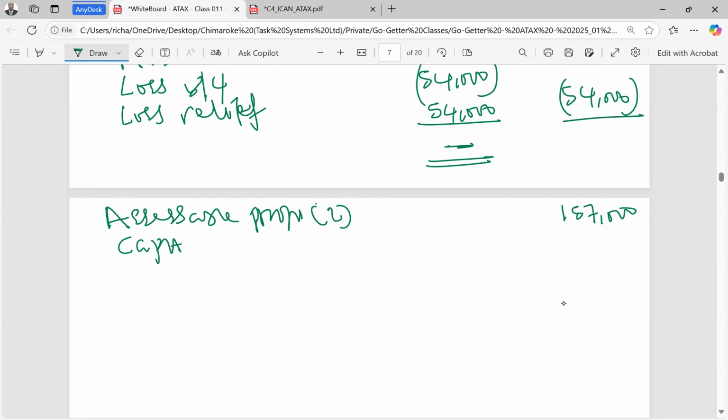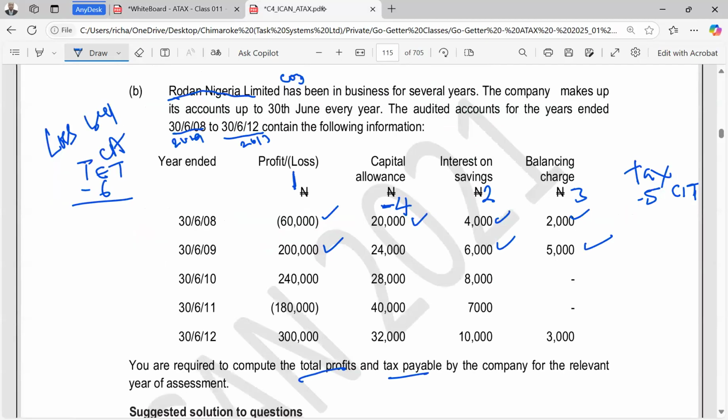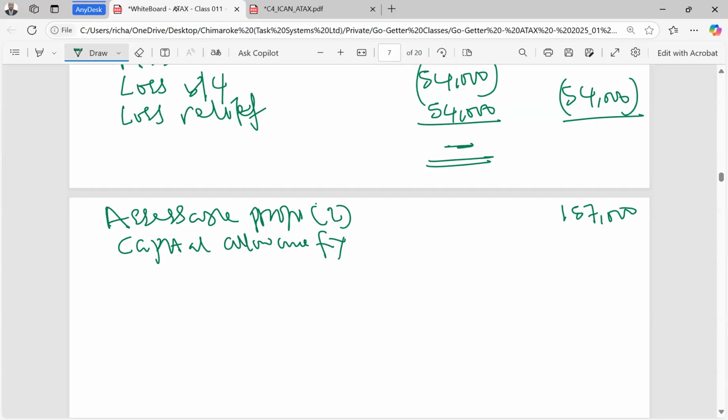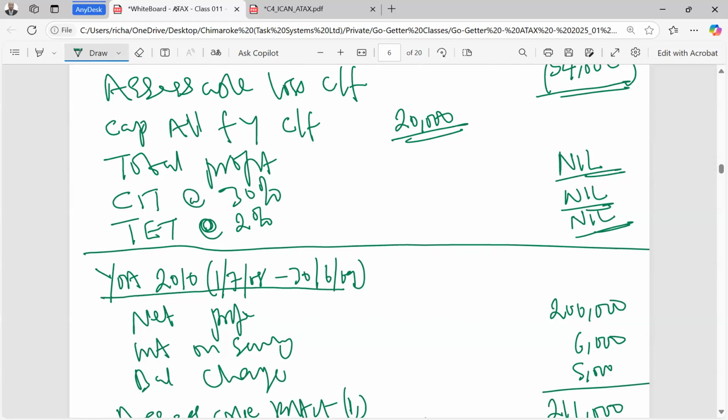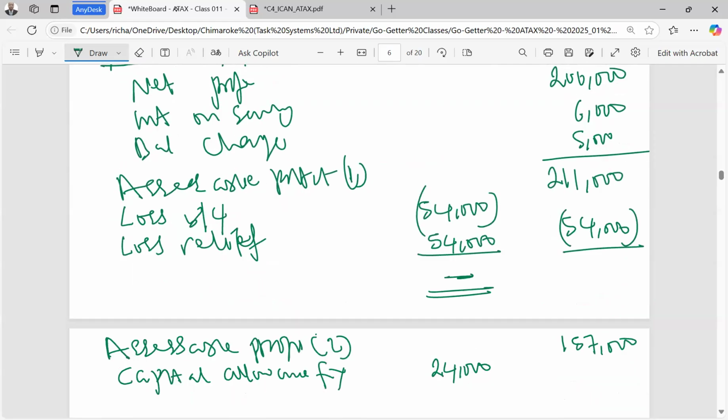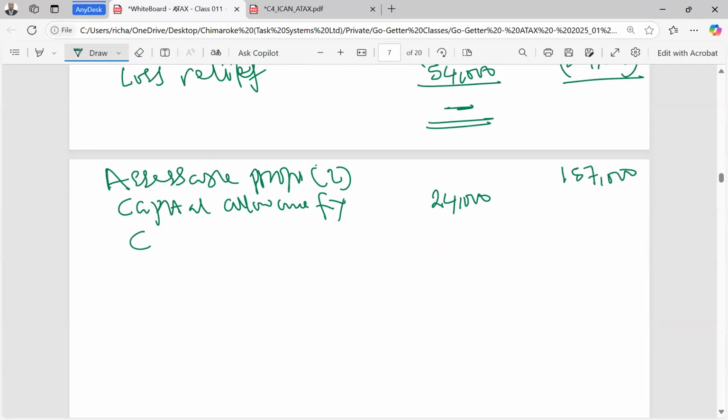Capital allowance for the year. How much is the capital allowance for the year? We have 24,000. We're going to bring it down here, 24,000. Remember, there was a capital allowance that was praying that there should be enough profit so that it will breathe a sigh of relief. This carry forward, we'll bring it down now. We will now say capital allowance brought forward.